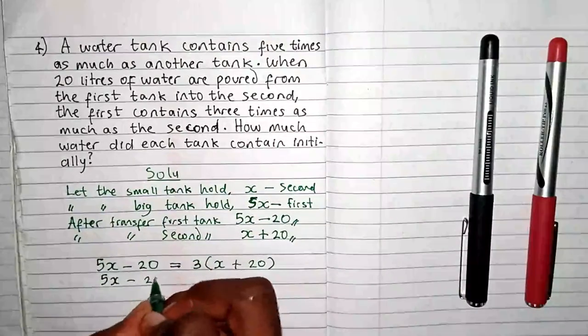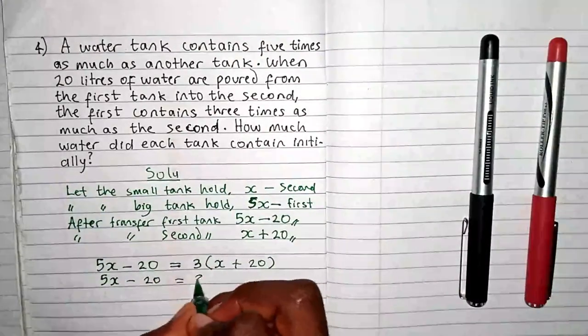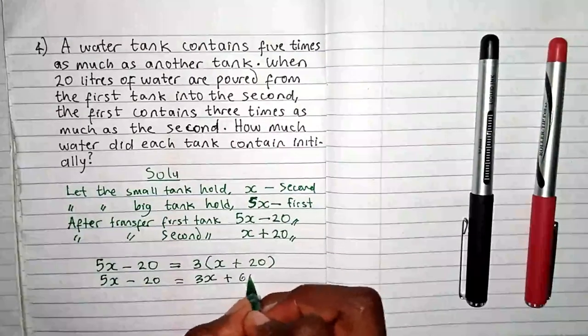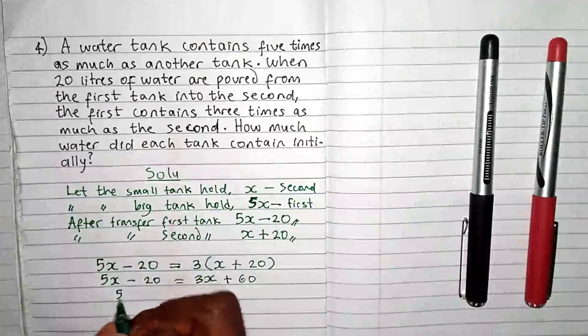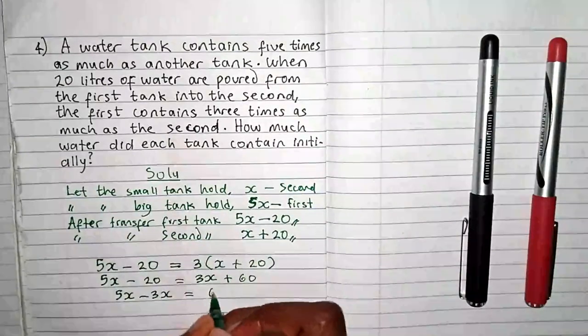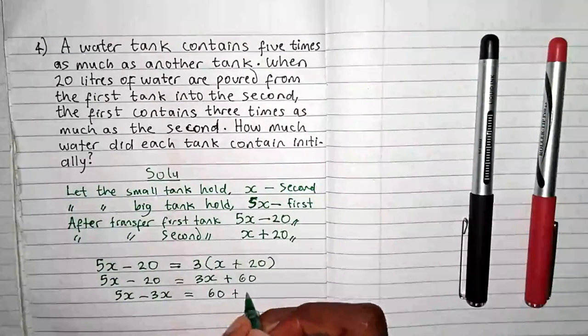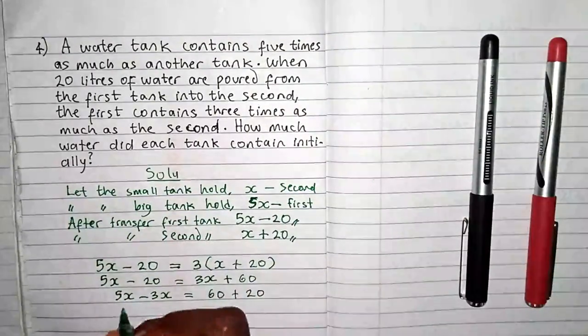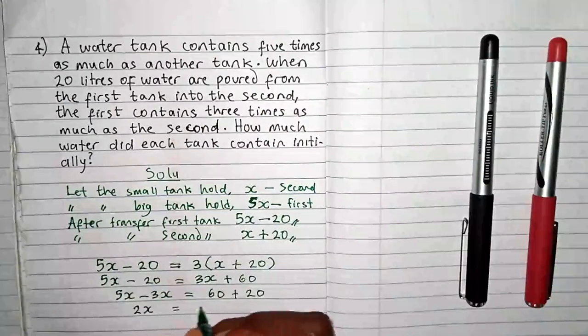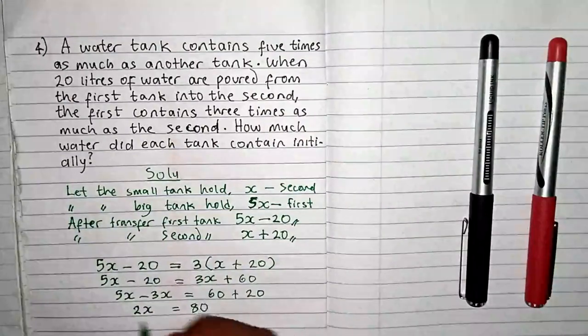5x minus 20 equals 3 times x plus 20, that is 3x plus 60. 5x minus 3x equals 60 plus 20. So what's 5x minus 3x? That should give us 2x equals 80.